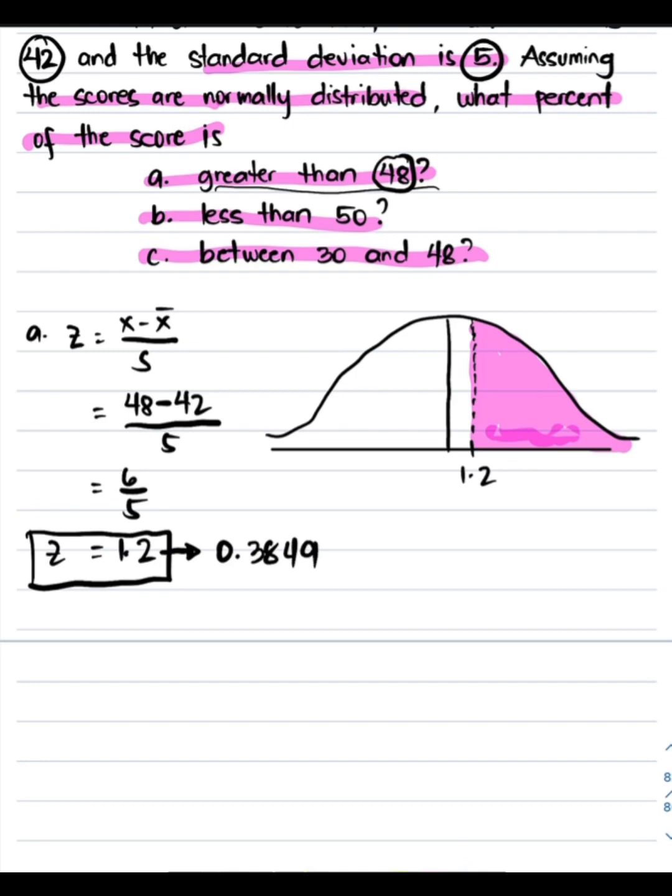This area from the mean to 1.2 is 0.3849. But what we are looking for is greater than 48.